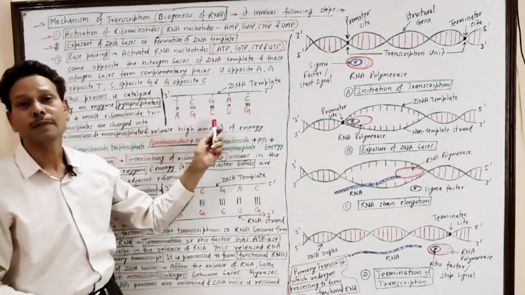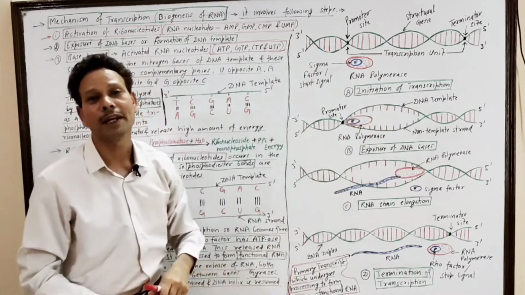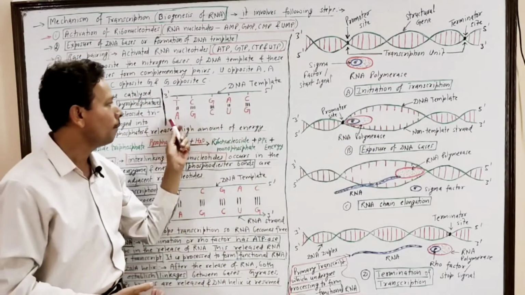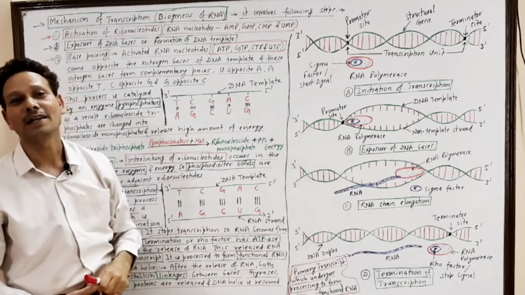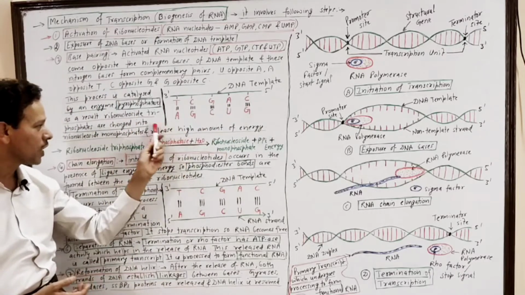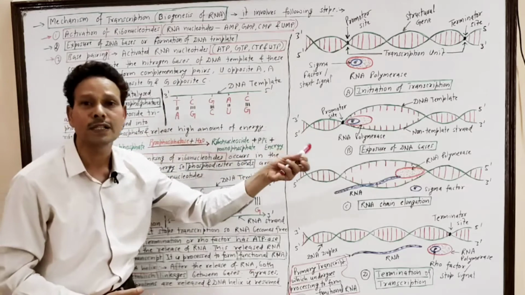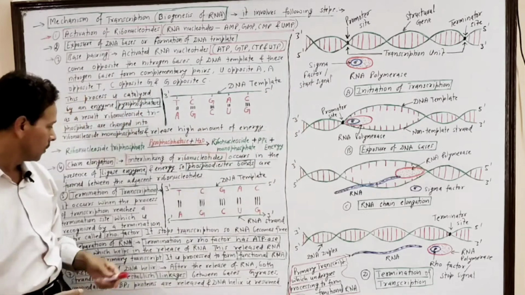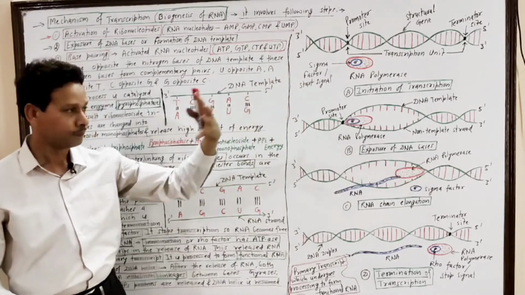Next step is base pairing. The exposed nitrogen bases of the DNA template show complementary base pairing with the RNA nucleotides, and this entire base pairing is catalyzed by the enzyme pyrophosphatase in presence of water to release a huge amount of energy. Next step is RNA chain elongation.